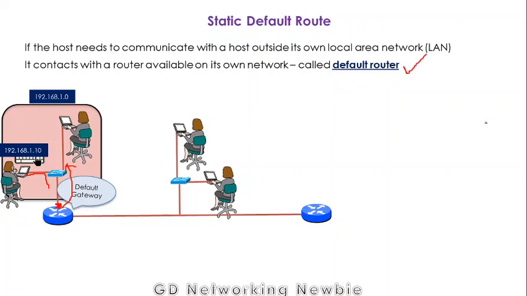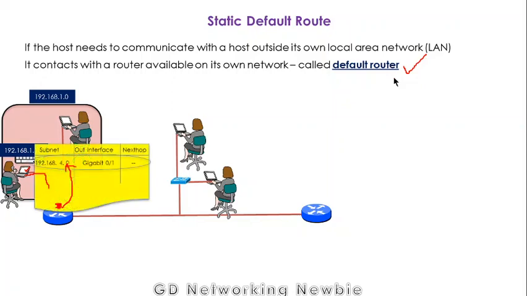So the packet belongs to a network which is outside of the local area network. Then the job of the operating system in this host machine, as per protocol, is that the packet has to be handed over to this router, which is acting as a default gateway or default router. And then this router, of course, will have a routing table, and the router will look into this routing table to see if there is an entry for the destination IP address.